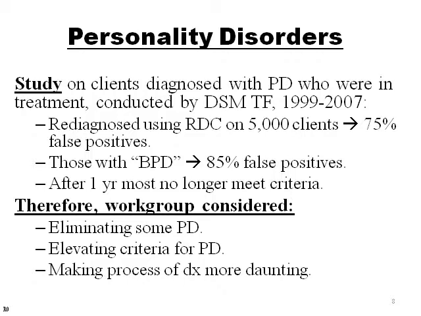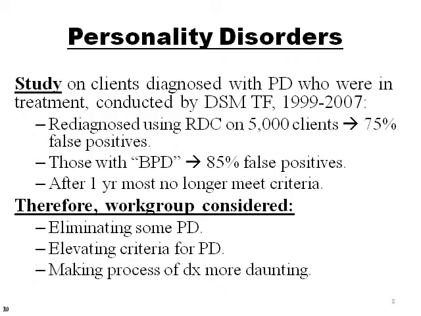This mirrors in many ways a lot of previous studies that show that when researchers go back using RDC criteria, which are much more stringent and make sure that everybody is covering the same material in interviews, they often find a fairly high rate of misdiagnosis. However, this rate of 75% on personality disorders and 85% false positives on borderline personality disorder is higher than any other study that I've seen.